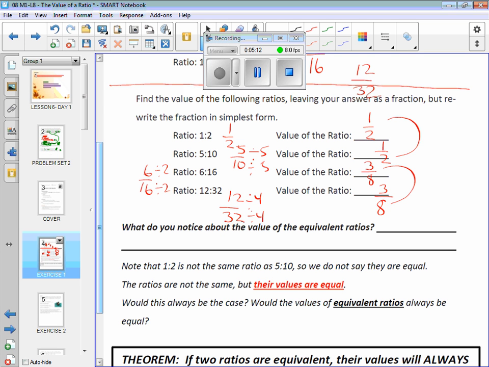And let me tell you, this lesson 8, it's short and sweet and reasonably easy, but it is hugely important for you to understand this to do all the remaining lessons in Module 1. We are going to revisit this idea of value of ratio constantly as we build upon our knowledge of ratios.